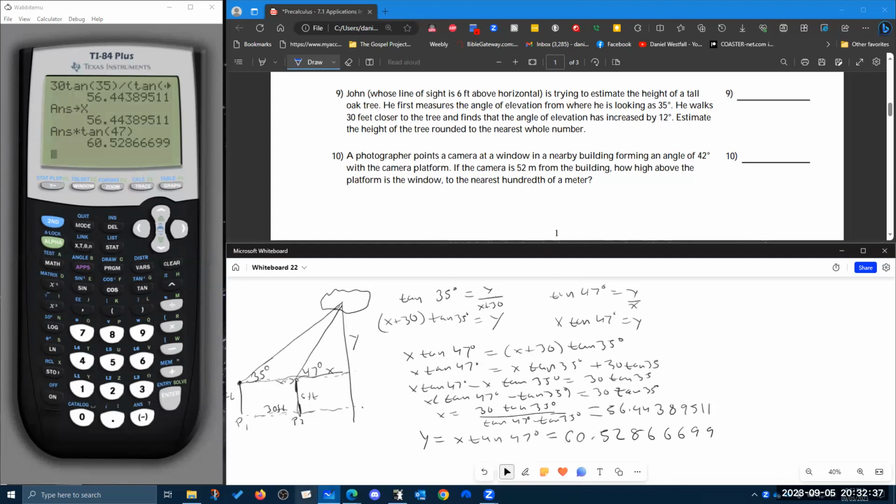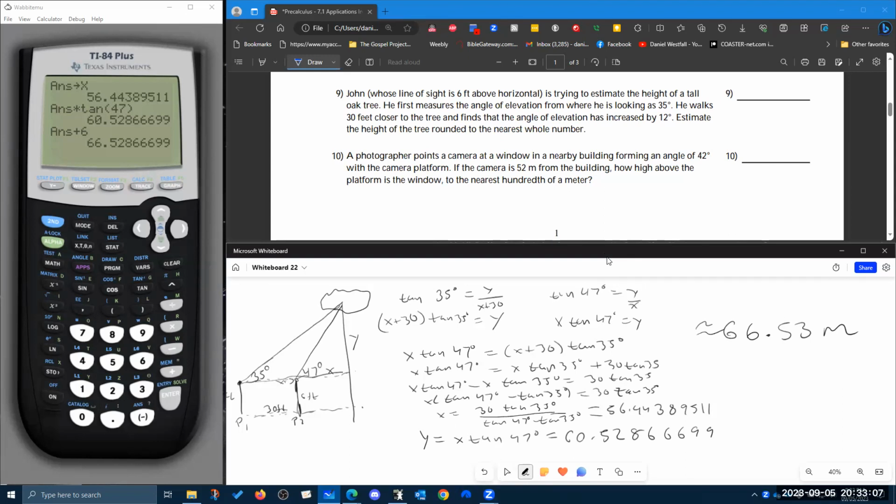for the height of John, because the tree is 6 feet taller than where his eyes are at. So my height of my tree should be 66.53 feet approximately. I kept all those digits in the middle so that I could get the most exact answer at the end, and I rounded one time to the nearest whole number.